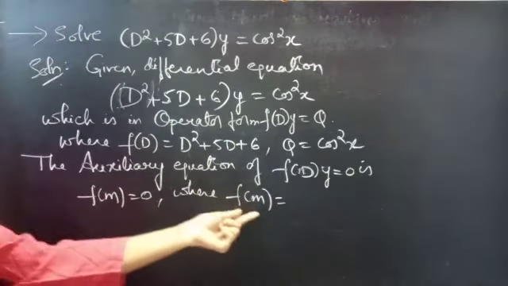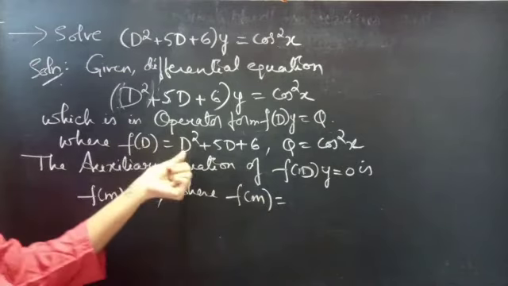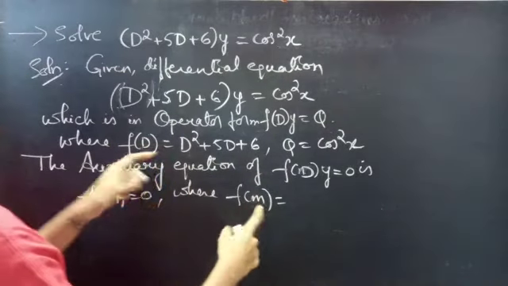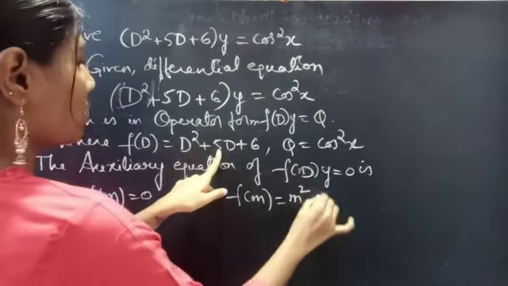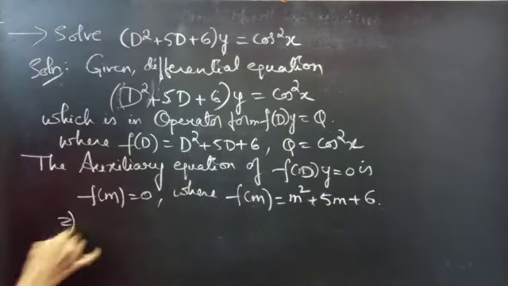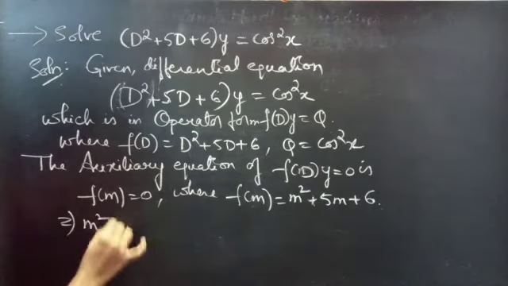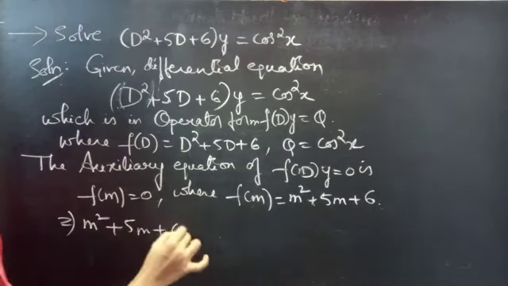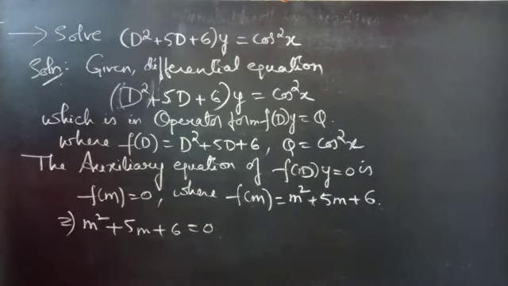Now, we'll find f of m by replacing the differential operator D by m. Then we'll get f of m equals m square plus 5m plus 6. Then our auxiliary equation becomes m square plus 5m plus 6 equals 0.